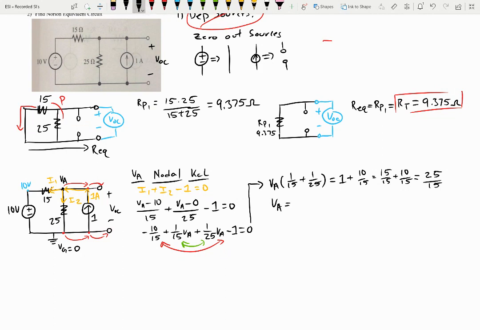solve for V of A, that would give us, okay, looks like this would give us 15.723 volts for the V of A value.